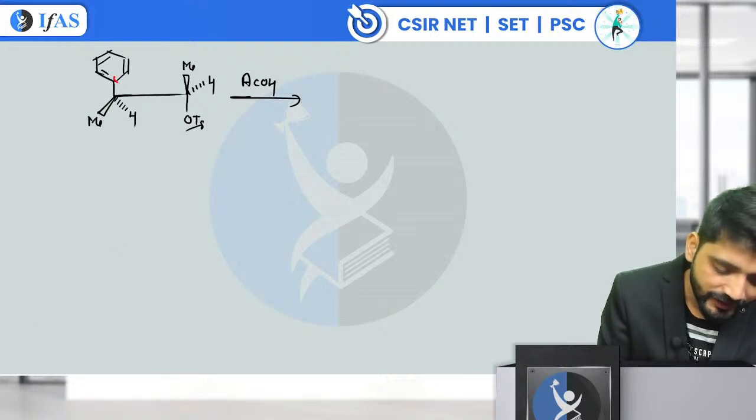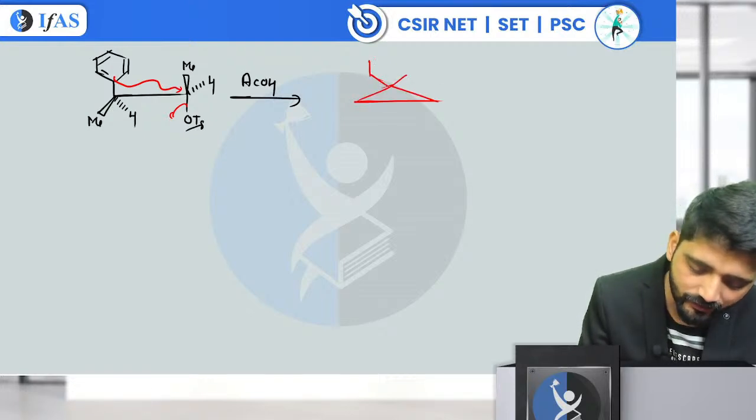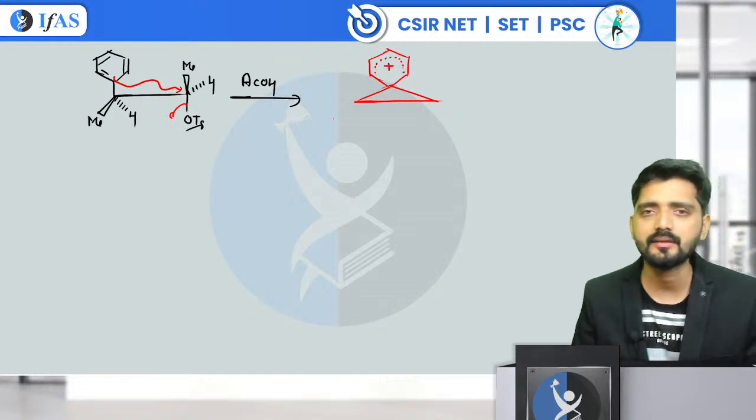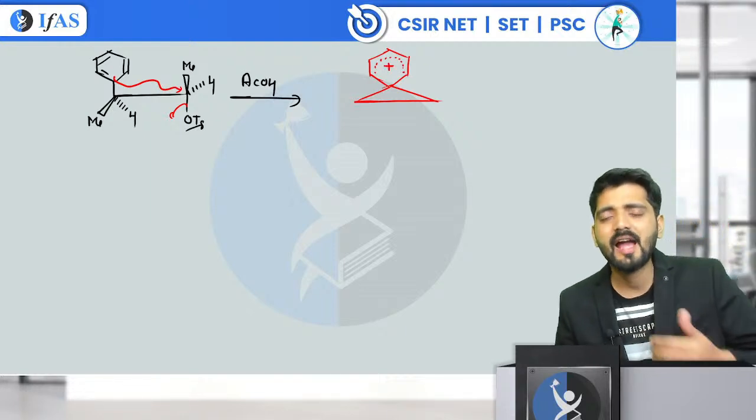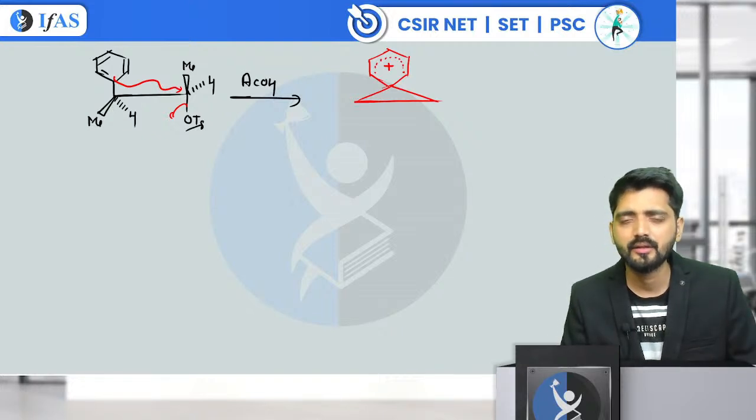Again, the same phenyl ring is going to attack at the OTs center and it will be removed, and we will be drawing the phenonium ion, which will be similar to the case we have drawn just now. Again, the positive charge will be delocalized at the three centers. Now, what do we have to do with the stereochemistry, sir, how are the substituents going to be placed?